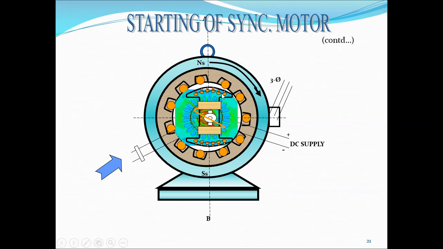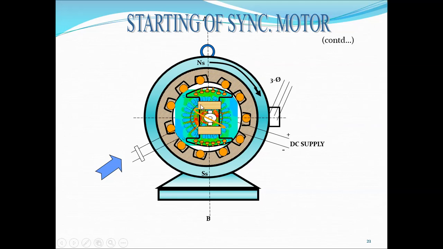On the rotor poles, we have the damper winding. The damper windings are short circuited. You can see clearly in the picture. This is the shaft, these are the bearings and slip rings. On these slip rings, these two parts, top and bottom, are the brushes.